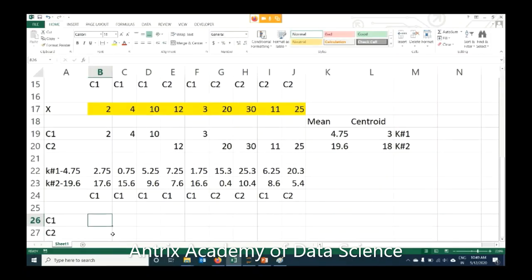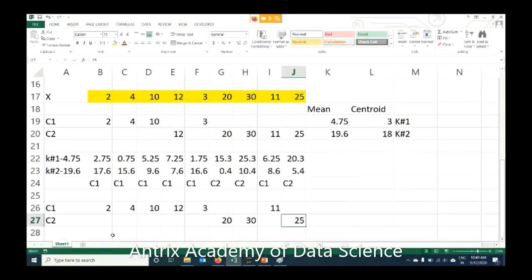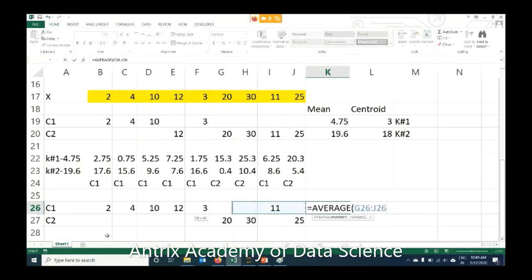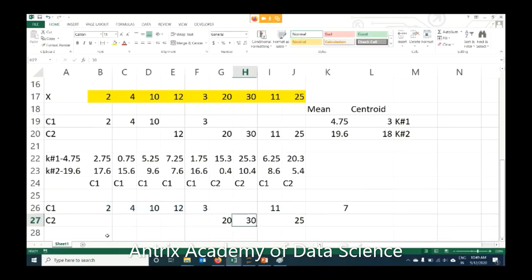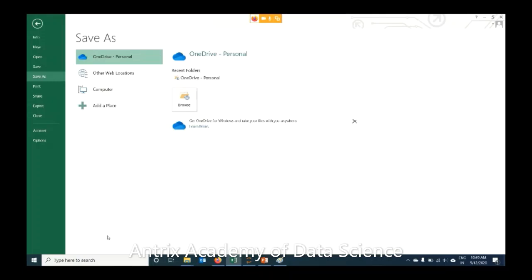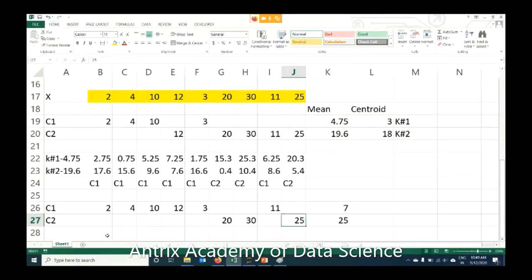So in C1 we have 2, 4, 10, 12, 3, 20, 30, 11, and then we have C2 as 25. Let me take the average now. So let me repeat this formula, 7 and 25.